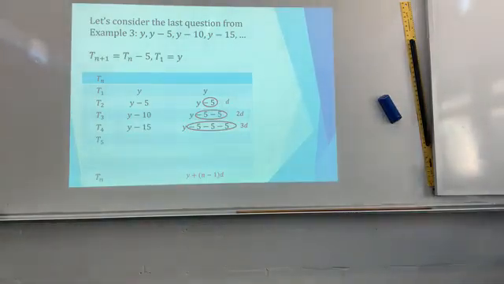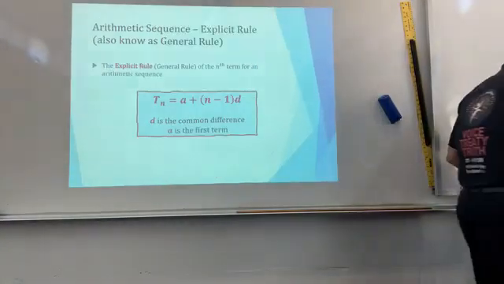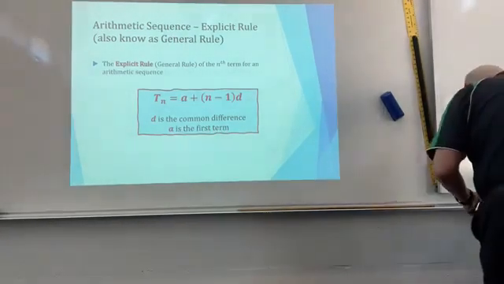So therefore, I'm introducing the word explicit rule or the general rule. The explicit rule or the general rule for the nth term of an arithmetic sequence is Tn equals a plus n minus 1 d, where d is the common difference and a is the first term. Can you please write that down? You need to know that.